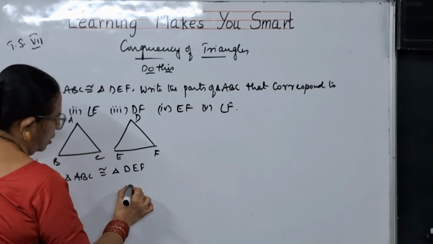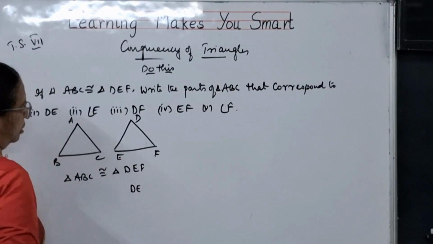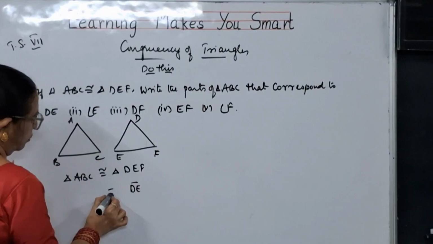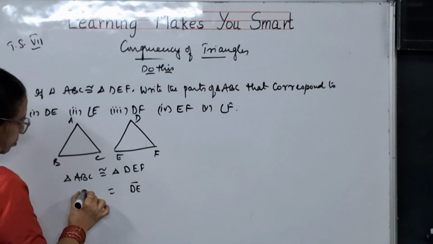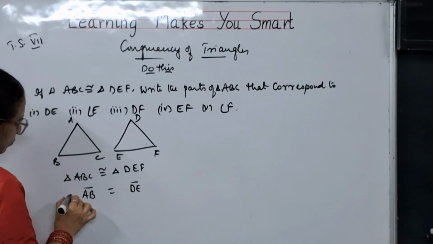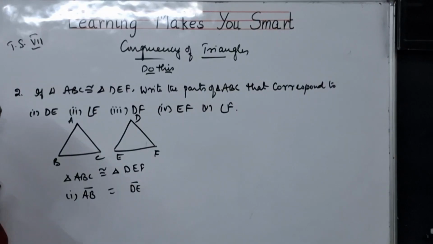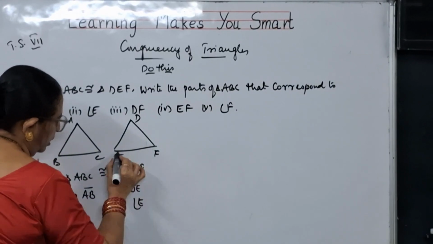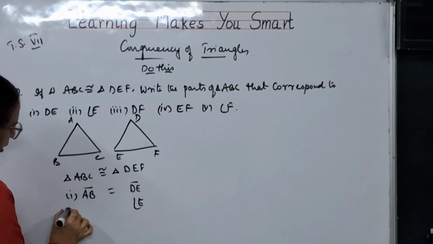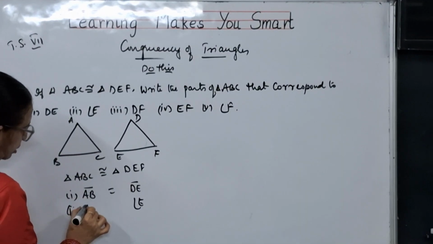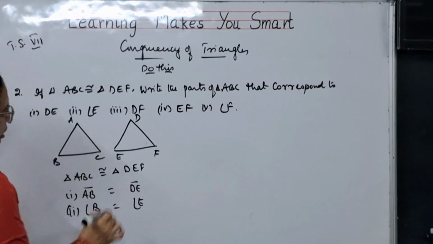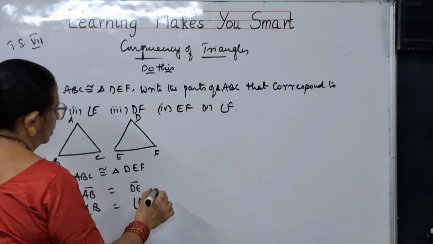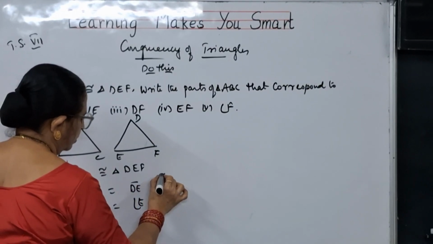DE is this side of triangle DEF. Then this will be equal to AB. So the first bit we have completed. And second one, angle E for triangle DEF. Then for triangle ABC it is angle B.